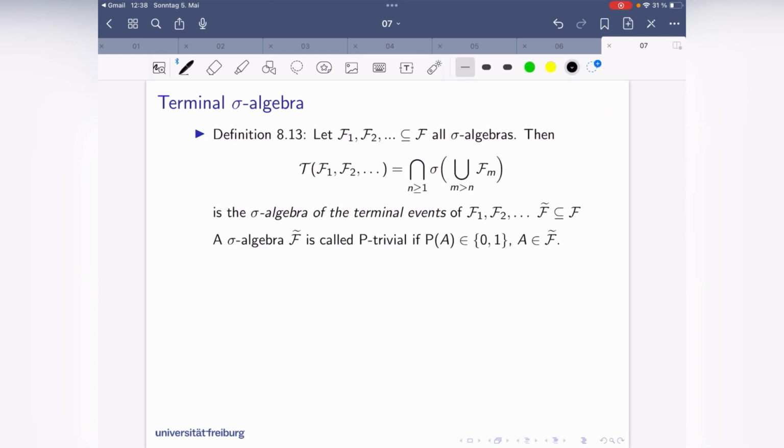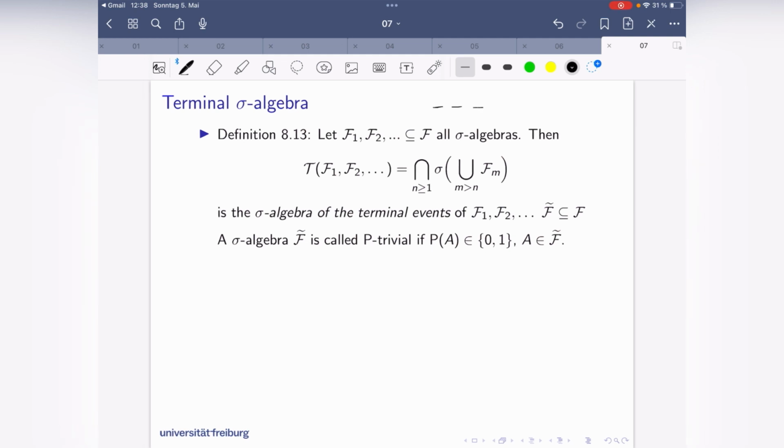So 1, 2, 3, 4, 5, 6, and so on. F_1, F_2, F_3, and so on. So in this sigma algebra are events which only depend on the very tail here, what I cannot write down because it's infinitely long.